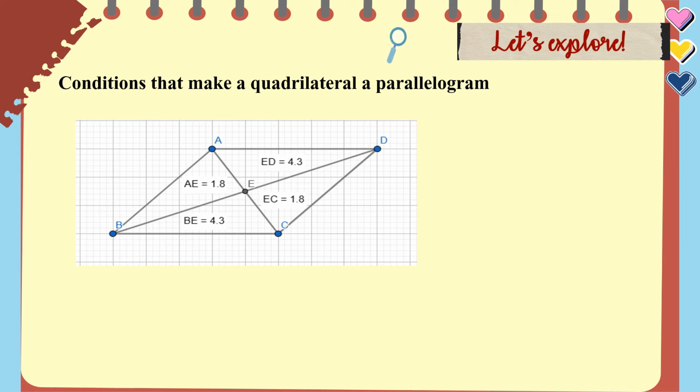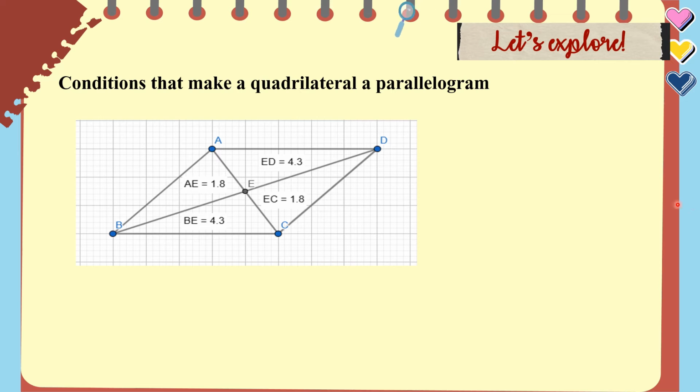Next, if we take a look also at the diagonals AC and BD, these diagonals intersect at point E. The measure of AE is 1.8, the measure of EC is 1.8, the measure of BE is 4.3, and the measure of ED is also 4.3.